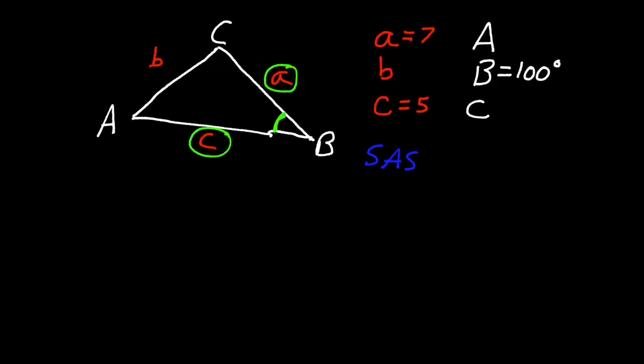I know 2 sides and the angle between them. Now you may be saying, hey, B is supposed to be 100 degrees. I never said my drawings were going to be to scale, so let's not worry about to scale. Let's worry about the numbers that we are given. So we have a side angle side setup.